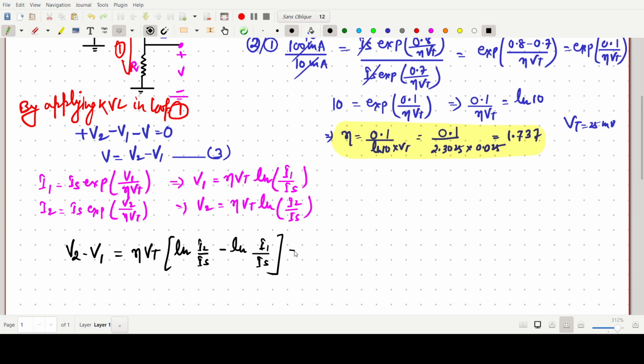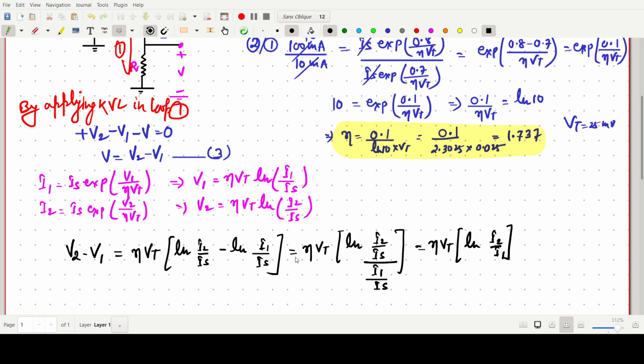Now this can also be written as ln A minus ln B. So it should be ln of (I2 by Is) by (I1 by Is), or eta Vt ln(I2 by I1).